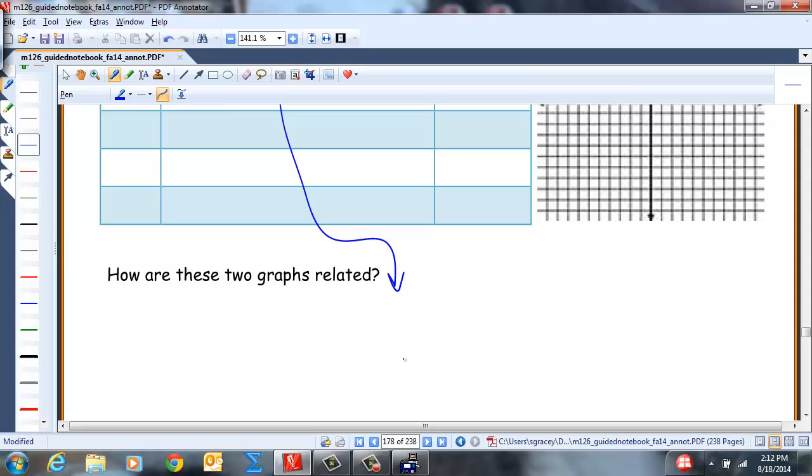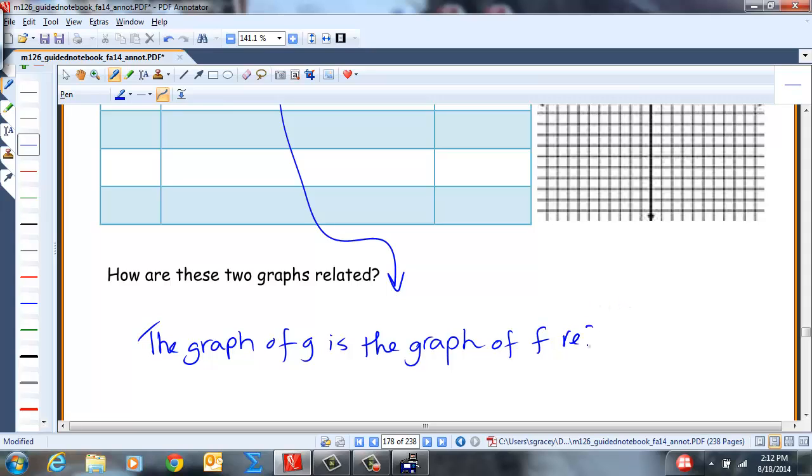So how are these two graphs related? The graph of g is the graph of f, and what's happening with it? It's being reflected across the x-axis.